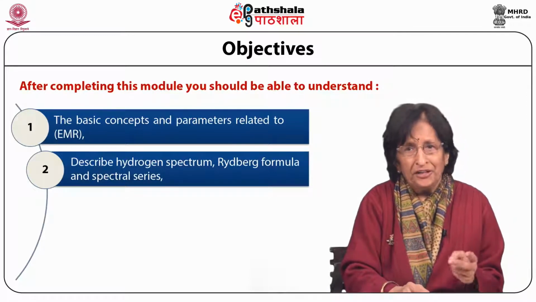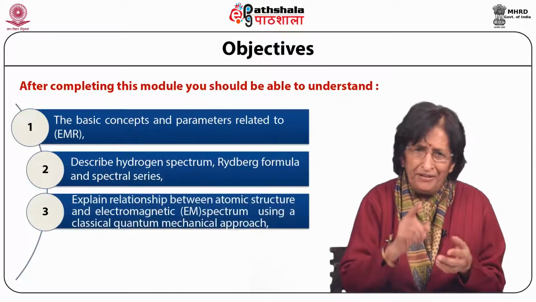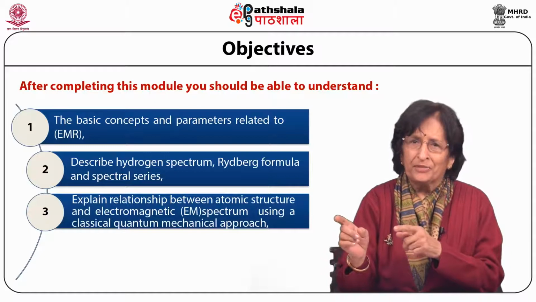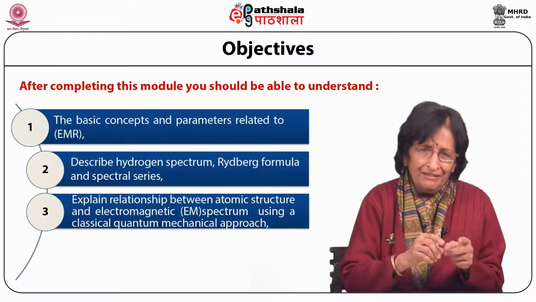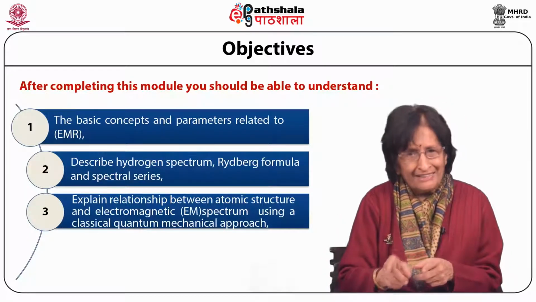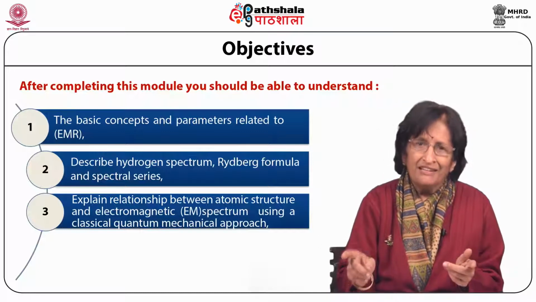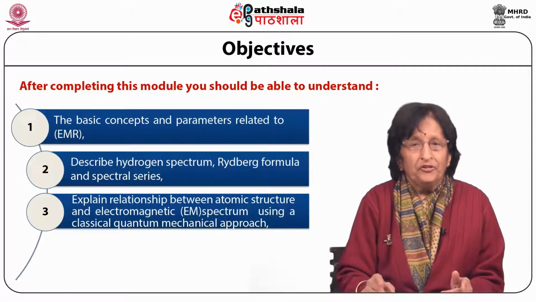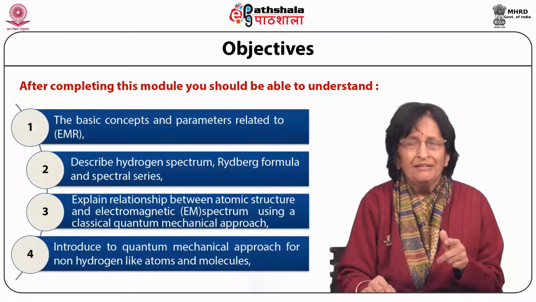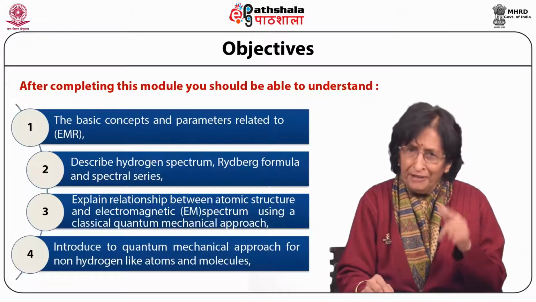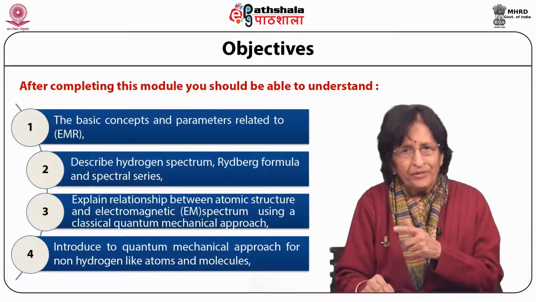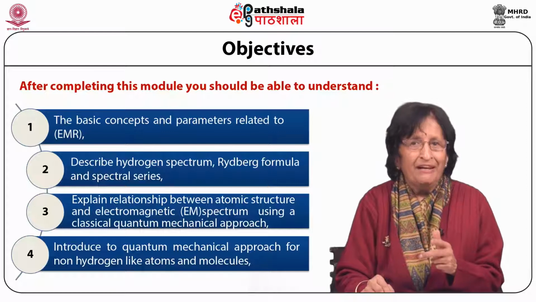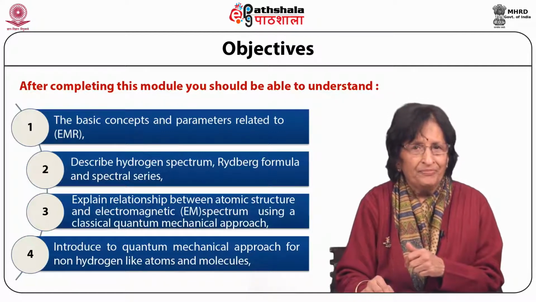You would also know the relationship between atomic structure and the electromagnetic spectrum using both classical as well as quantum mechanical approaches. You will also be introduced to the quantum mechanical approach for non-hydrogen-like atoms and also some molecules.